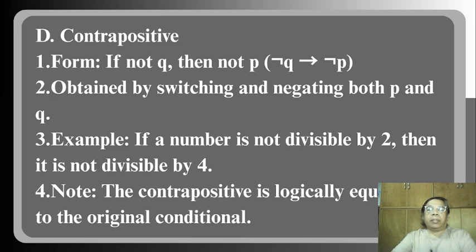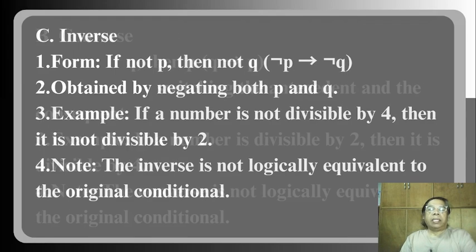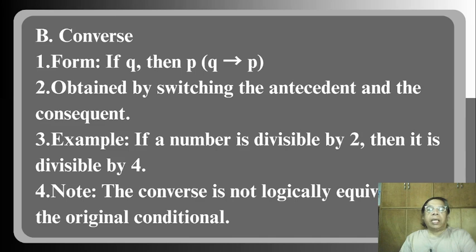And take note that the contrapositive is also the negation of our converse. Let's see our converse: if a number is divisible by 2, then it is divisible by 4.